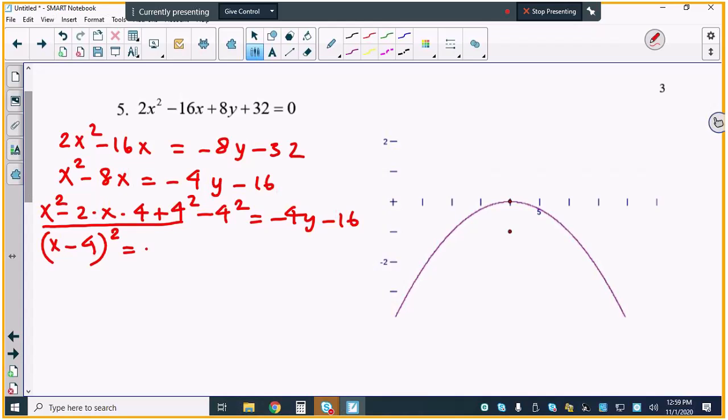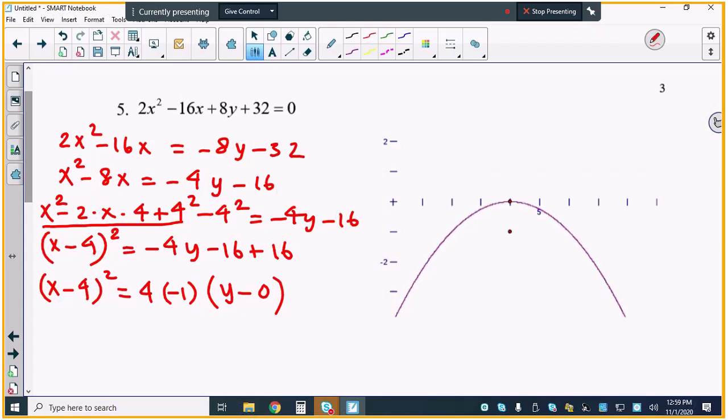So you get minus 4y minus 16 plus 16. Then you write it as x minus 4 whole to the power 2 equal to 4 times negative 1, that's negative 4, y minus 0, because the negative 16 plus 16 cancel each other. So now I know my h is 4, k is 0, and p is negative 1. Negative 1, so less than 0, so the parabola opens down.